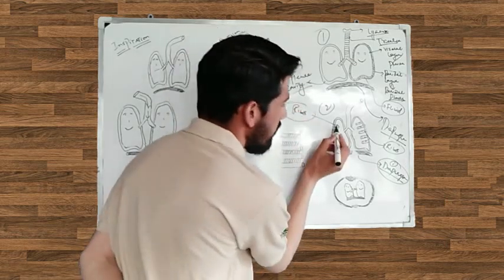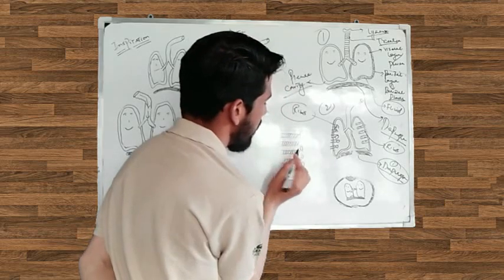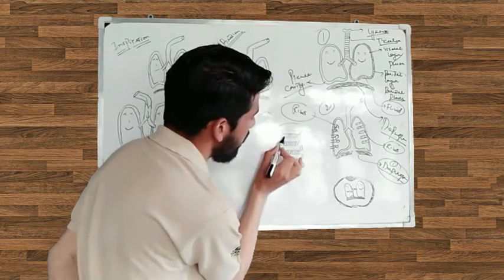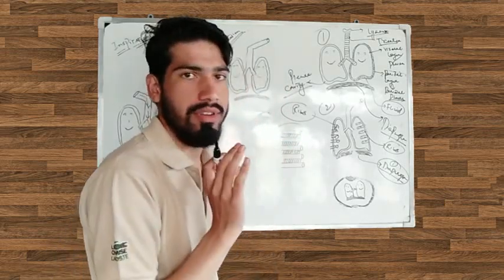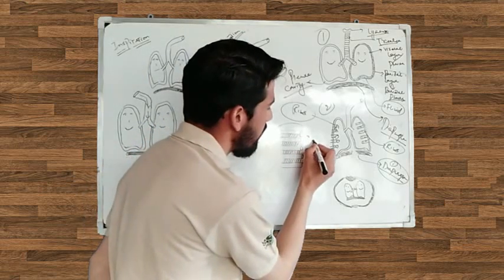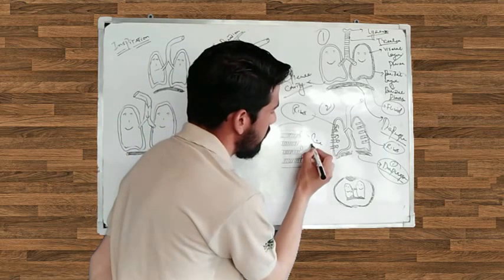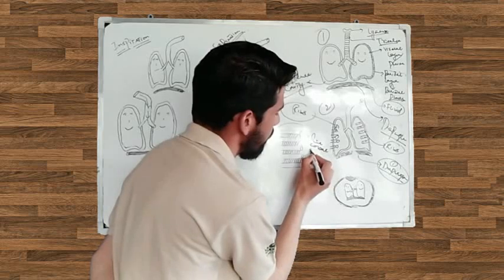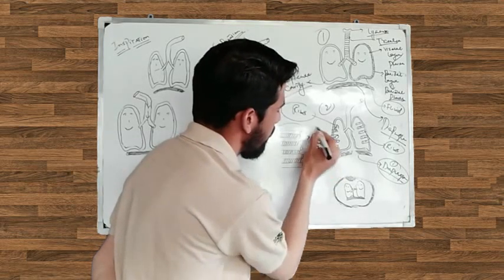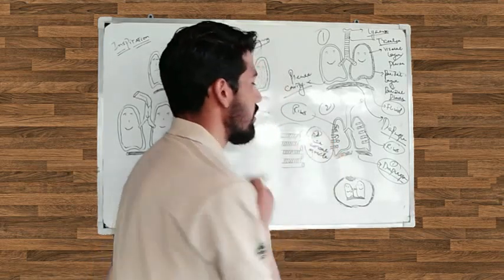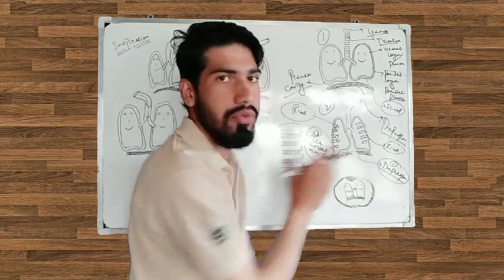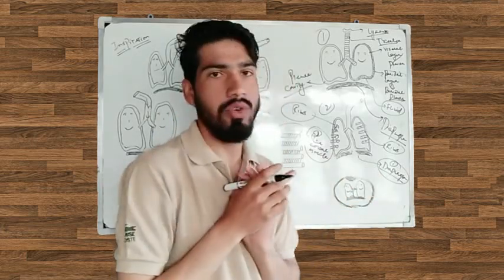In between the ribs there is another muscle, called the intercostal muscle. It is the second muscle you need to understand. The first one is the diaphragm and the second one is the intercostal muscle.